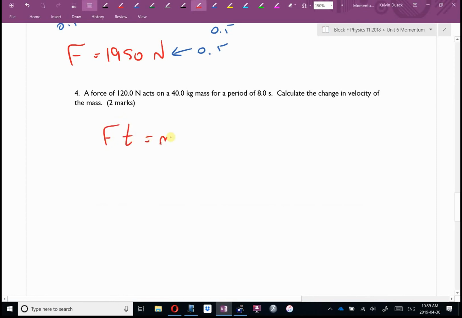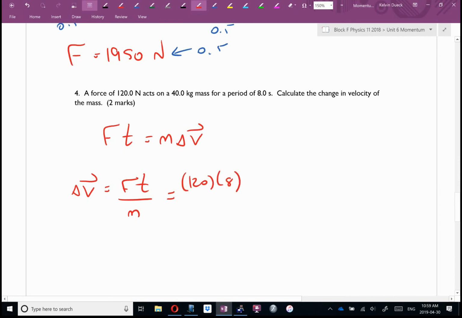Impulse equals impulse. Again, how would I get the delta V by itself? Oh, so you're telling me the change in velocity of an object is the force times the time divided by the mass? I guess. The force is 120 newtons.